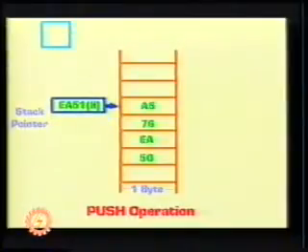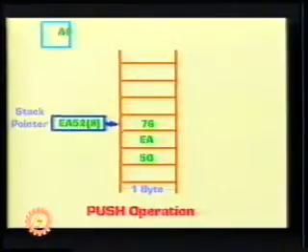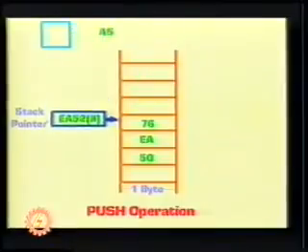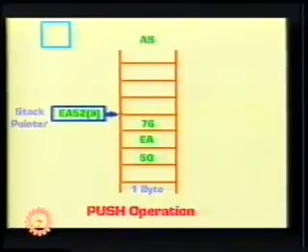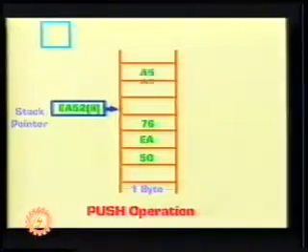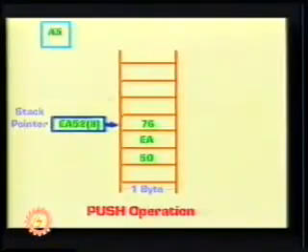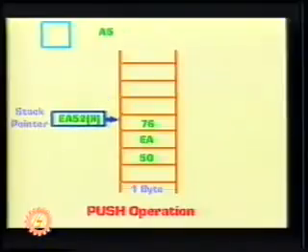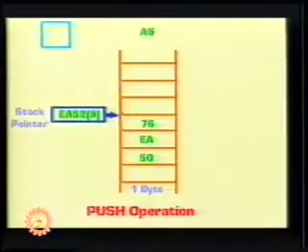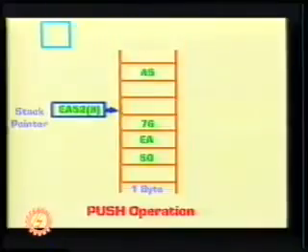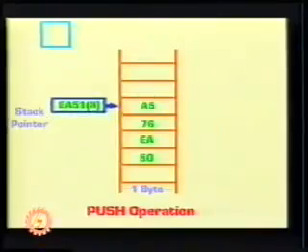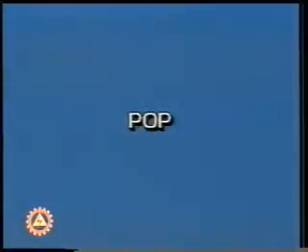As a new 1 byte data A5 is entered or pushed into the stack, top of the stack assumes a new position, and this is indicated by decrementing the content of the stack pointer by 1. Now, content of stack pointer becomes EF51, and stack pointer points to the data A5.